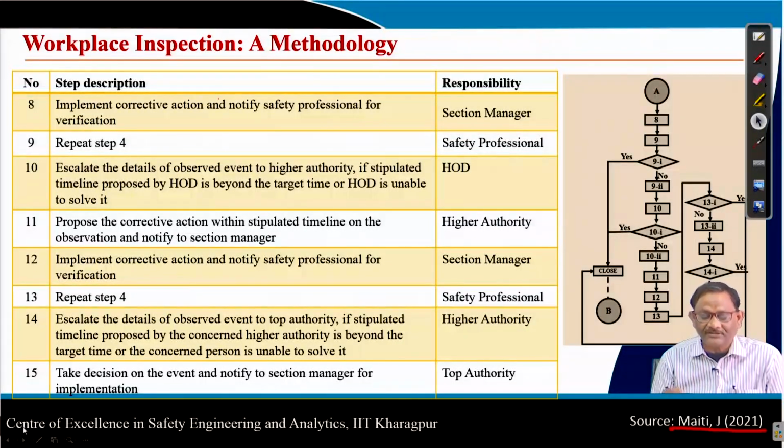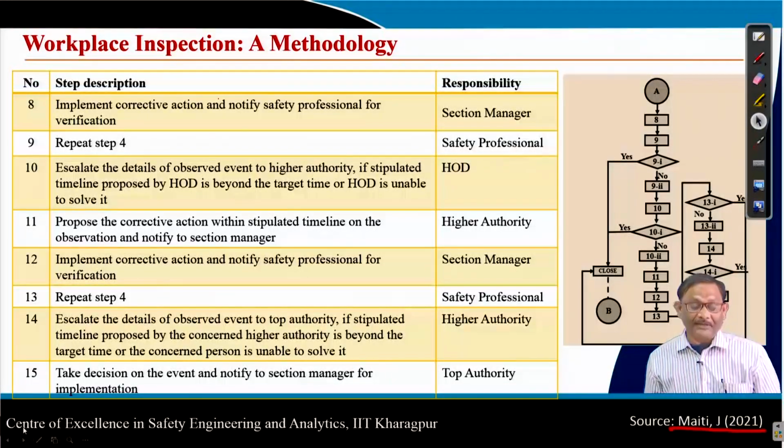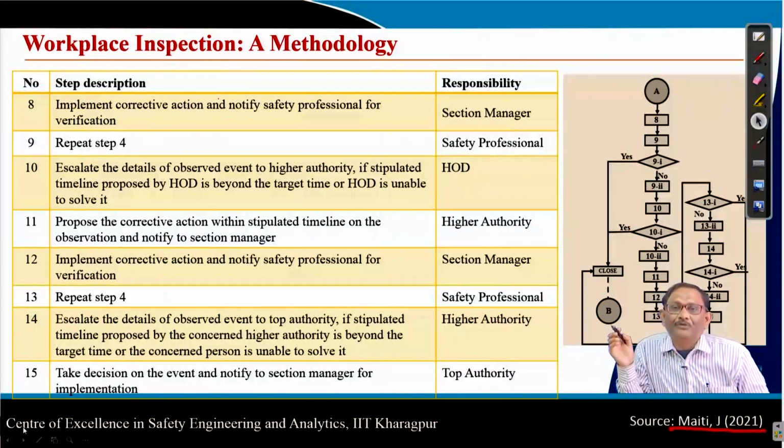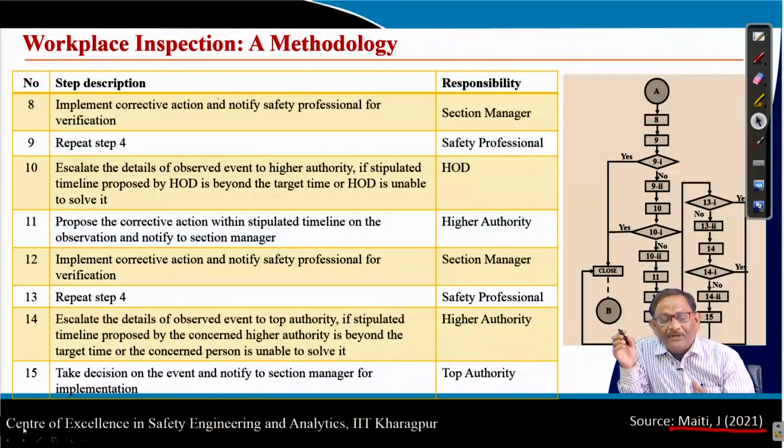If things don't materialize, there will be a procedure, there will be a system, that means it will be notified to the higher level, to higher level, to higher level, and ultimately what is actually required is that the entire process is working, the inspection is working properly, all the inputs are correctly set, all the actions and activities are correctly set and executed, and then only will the workplace inspection, which is a risk control system, work properly.